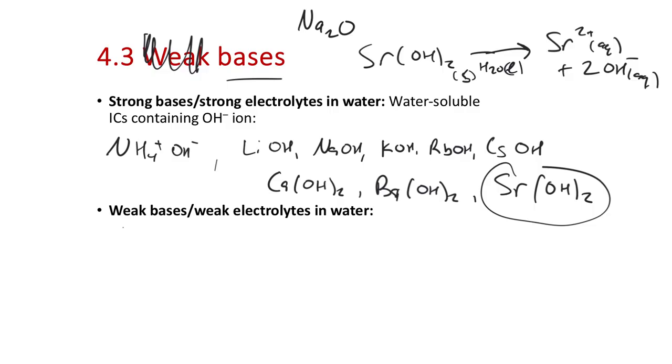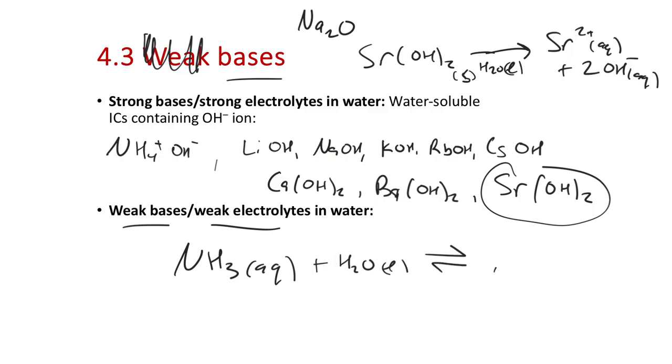So our main prototype of a weak base, which ends up being a weak electrolyte in water, we saw it with that opening demo we did on Wednesday, was NH3(aq), where it was reacting with water, or we were seeing that it must be reactive with water because we were seeing some ionization, just not total ionization, where it was making NH4+ and then some hydroxide ion, where these are water soluble.